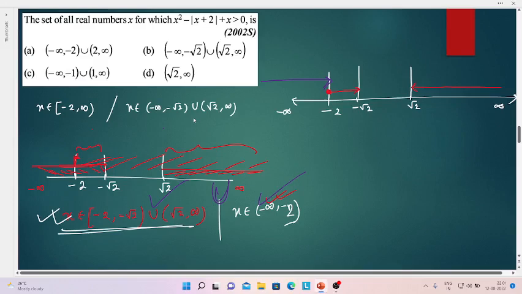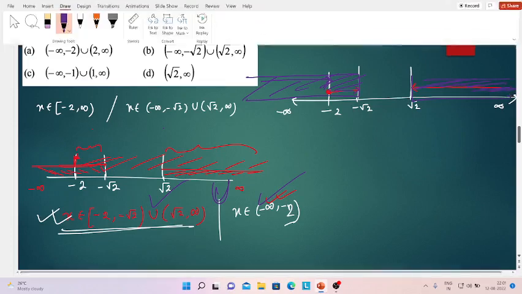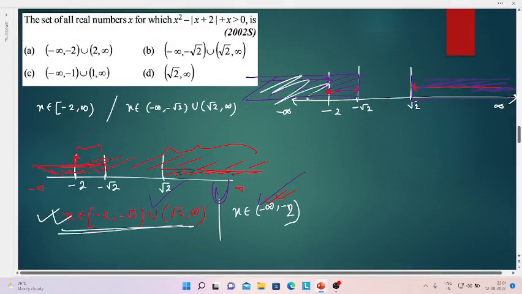So what is the exact solution? Since minus 2 to minus root 2 is there, and minus infinity to minus root 2 is there, we have to take the union. I mean, we have to take the total part, similarly that total part also, because we have to take the union, meaning all, right?